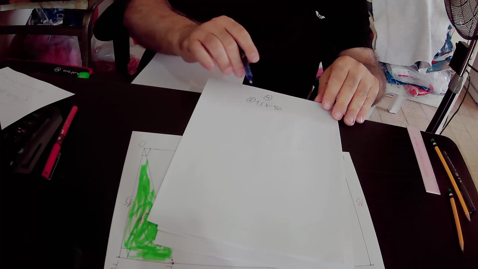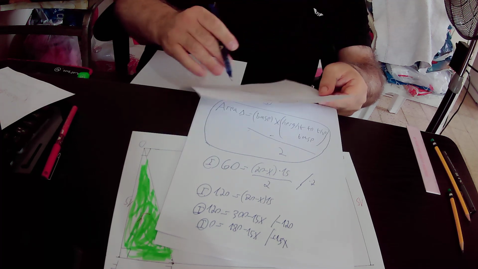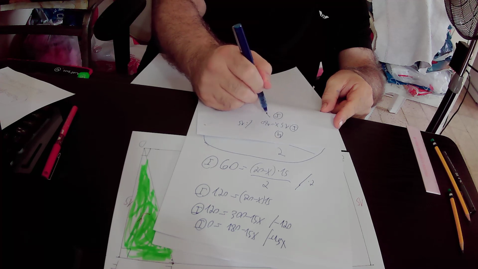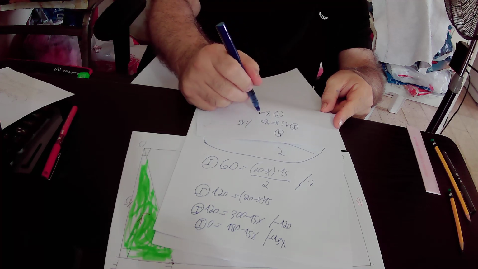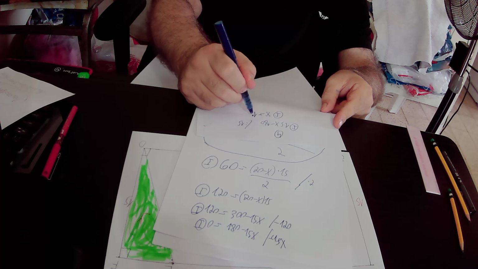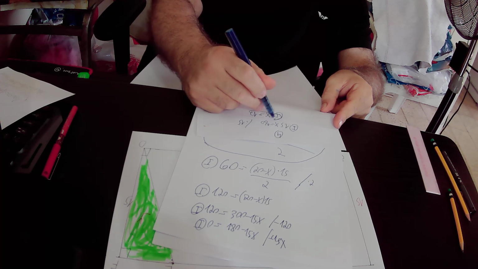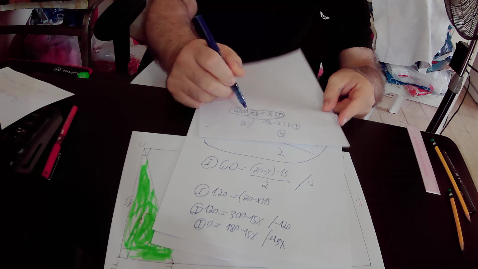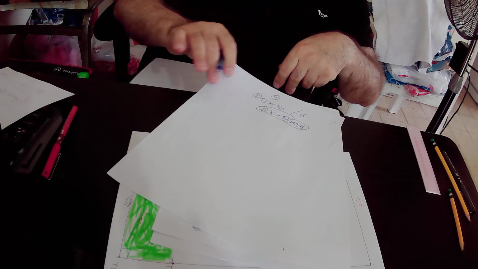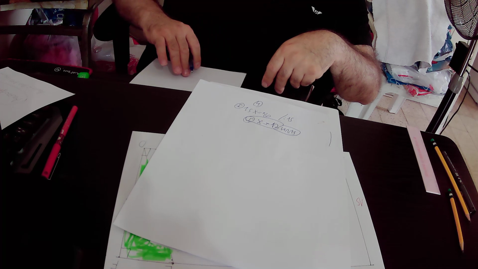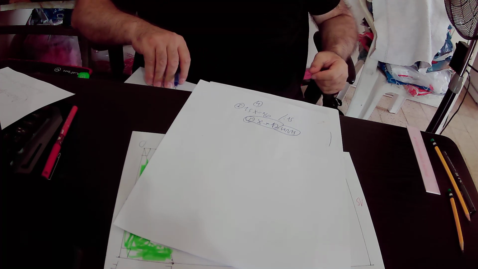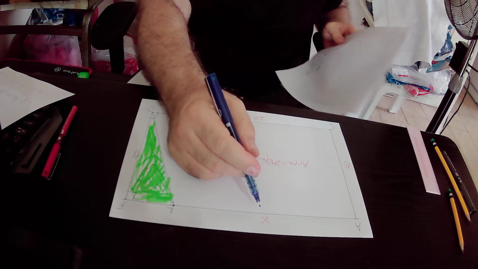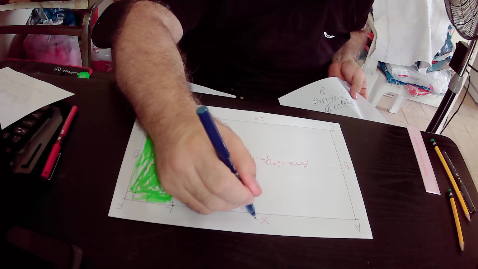We divide this equation by 15, so we get that x equals 12 units. The value of x is 12 units.